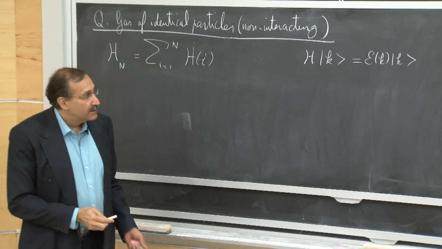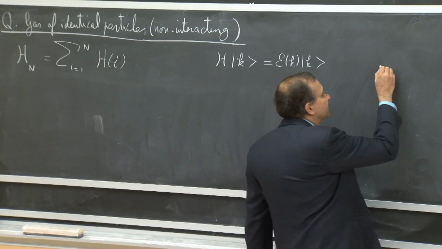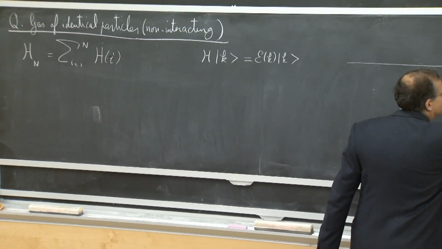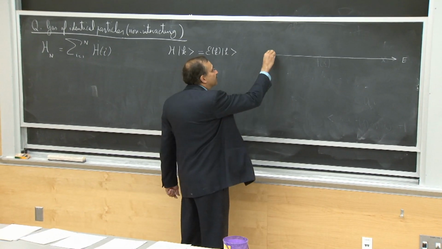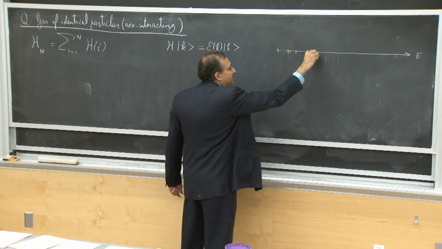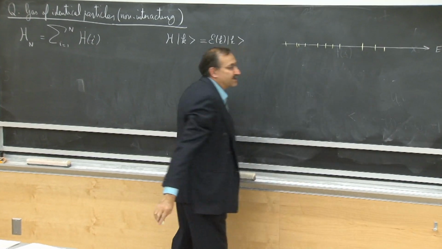And the single particle spectrum therefore can be described by a bunch of energies, a ladder of energy levels with different values of k and different allowed discretized energies.